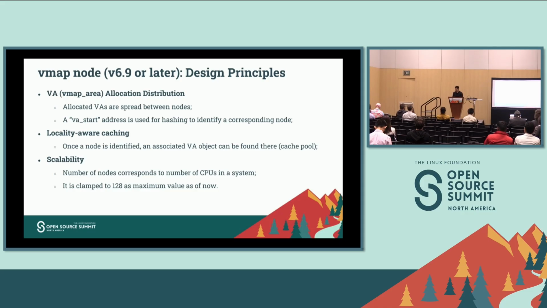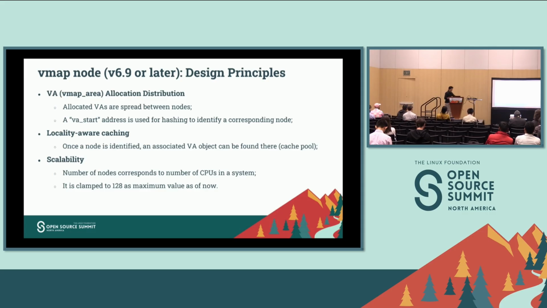One question: you mentioned a limit of 128 nodes for the VA nodes. It's currently limited to 128. And it's a hash function up to 128, which I presume is generally 1 node per core. So how does that overflow to 256? There's no overflow issue, because based on the hash function, we use a modulo.